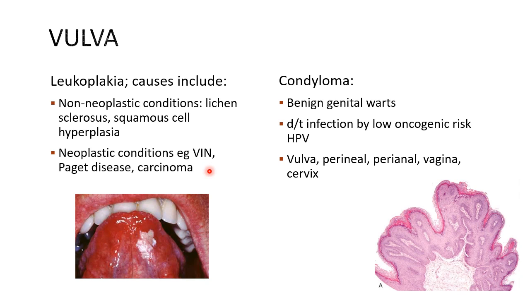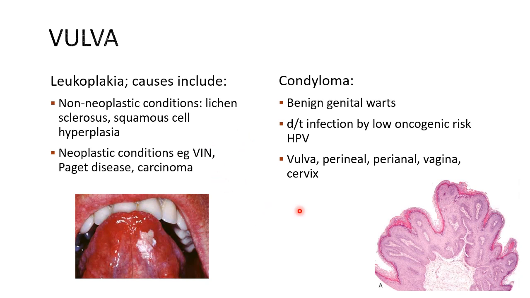So, neoplastic conditions such as VIN, which is vulva intraepithelial neoplasia, extramammary Paget disease, or carcinoma, will have to be differentiated from the benign ones, and this is done through biopsy examination.